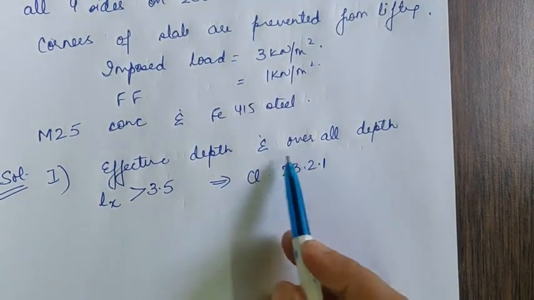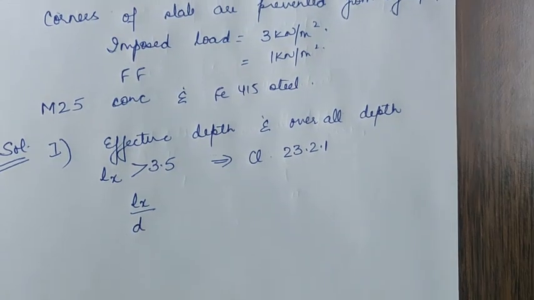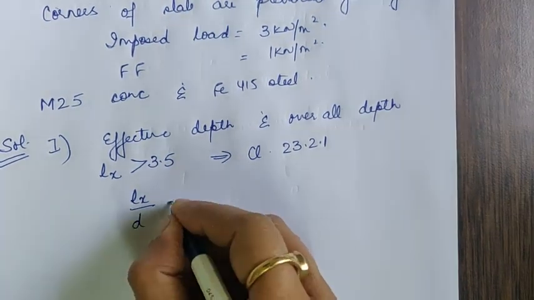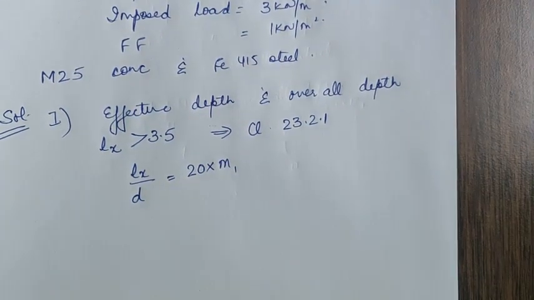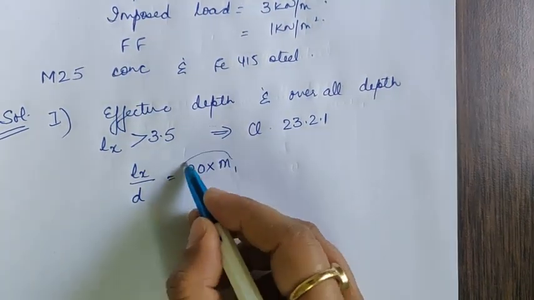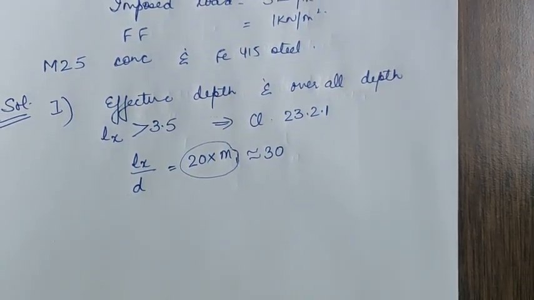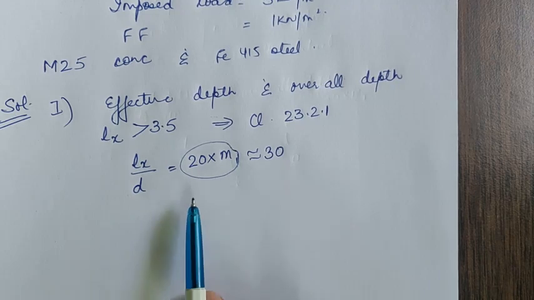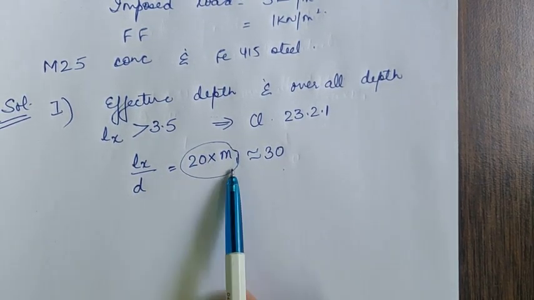Okay. Now this particular value was based upon Lx upon D ratio. This Lx upon D ratio for a simply supported system is 20 into a modification factor. Let us say I am assuming that this value is nearly 30. You can take any value between 25 to 30. To be on economical side, I am using 30. You could have used 25 as well.